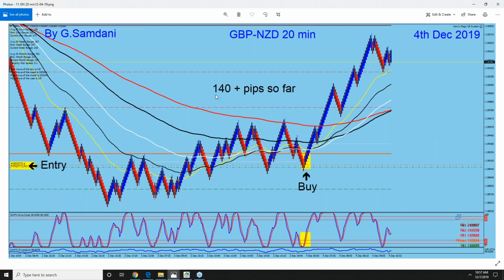This pair moves 180. See here, 159, 160 pip. This is on the fourth, but the average on Friday was 180 pip. So in one day, this pair moved this much. So squeezing this pair for 140 pip is not a problem, because you know that it moves, right?